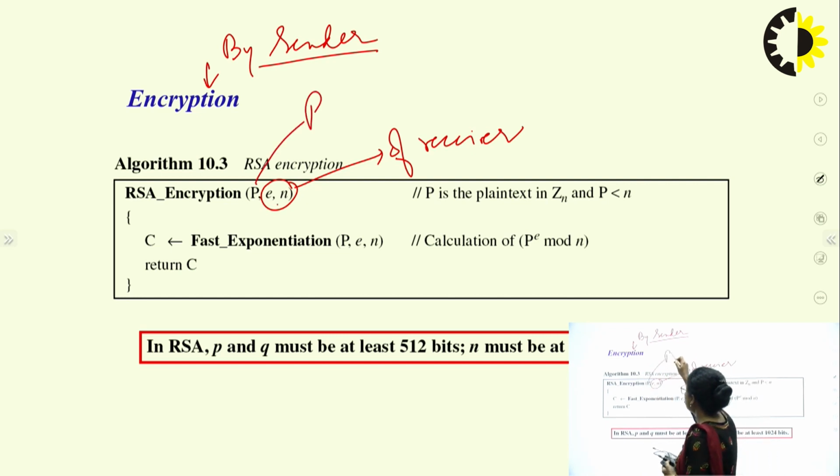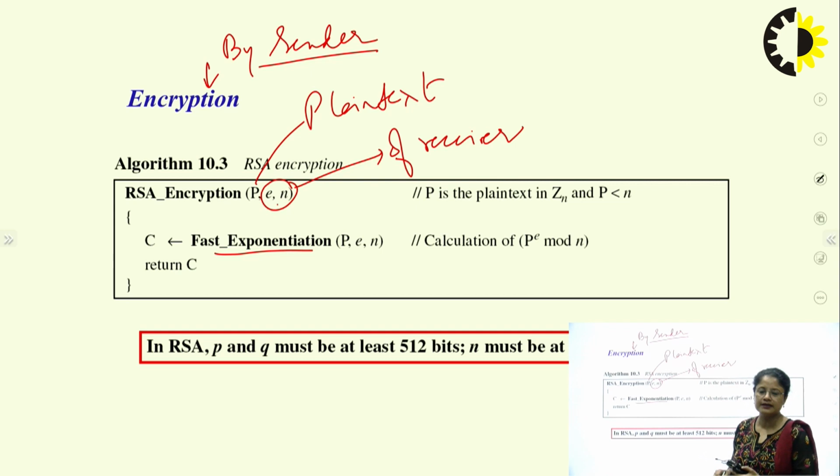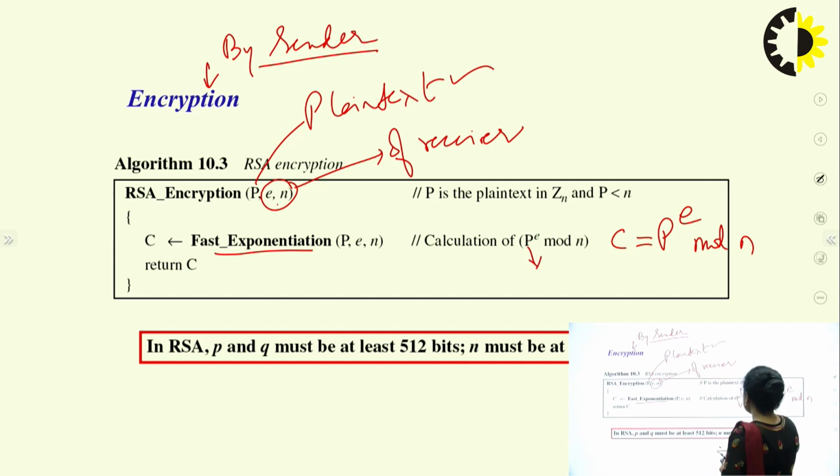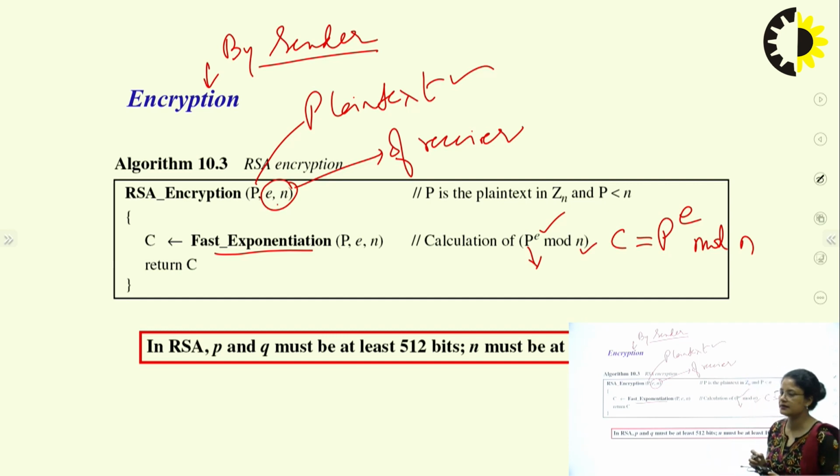What is P? P is the plain text which is to be encrypted. On this, we apply a fast exponentiation method. It is basically an algorithm where we can compute exponential values in a very fast way. Or we can also say we are calculating the value of C as P to the power E mod of N. P is the plain text, E is the public key, and N is a public key that is shared over the network by the receiver.